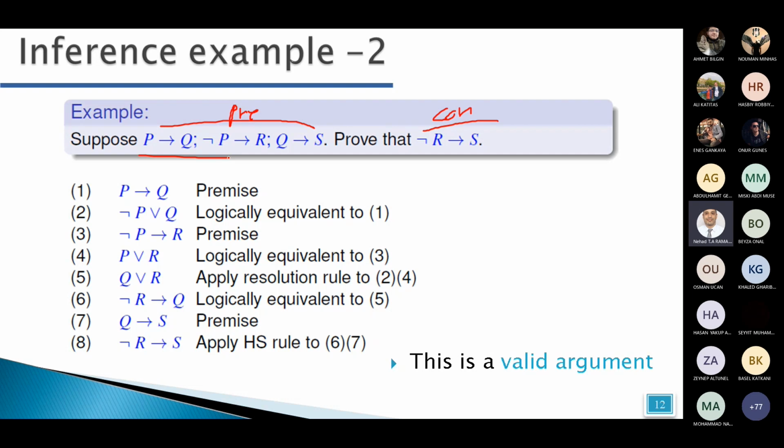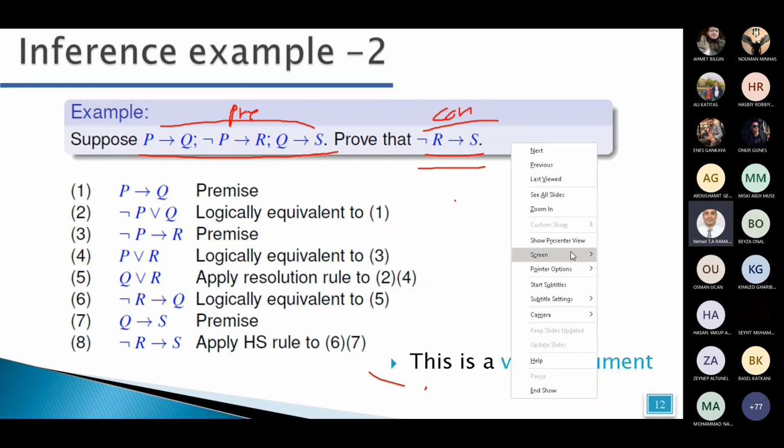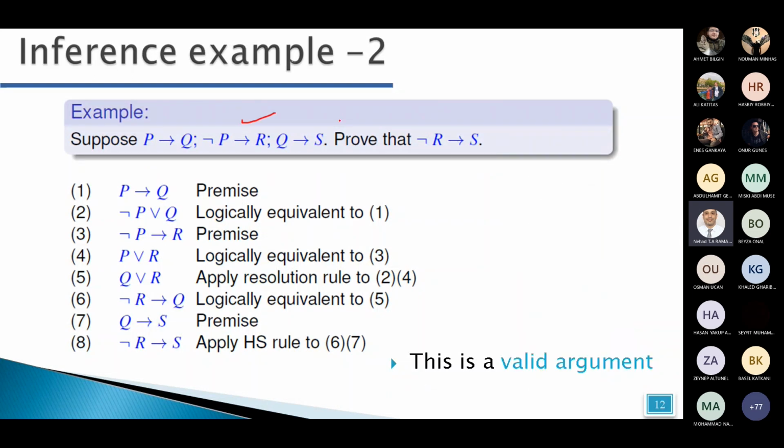So you have a set of premises. Suppose means consider this statement true, and from this statement get the conclusion. Okay, so it's direct without the English statement here. We give you premises and we say get the conclusion.